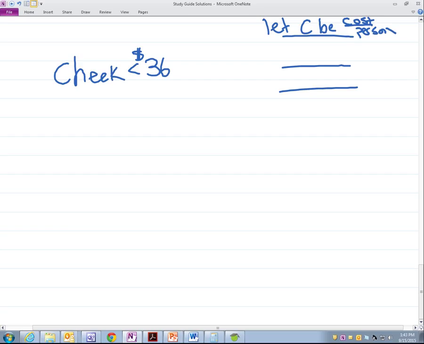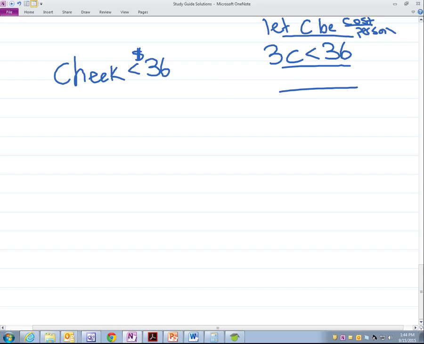So if I know that there are 3 of them, and the cost per person is less than $36, what should I have that be? There's 3 of them. It's not the total check that is my C. What is it? 3C is less than 36. That's correct. There's your second point of that one.